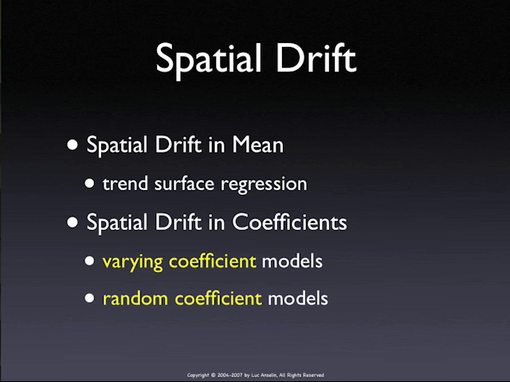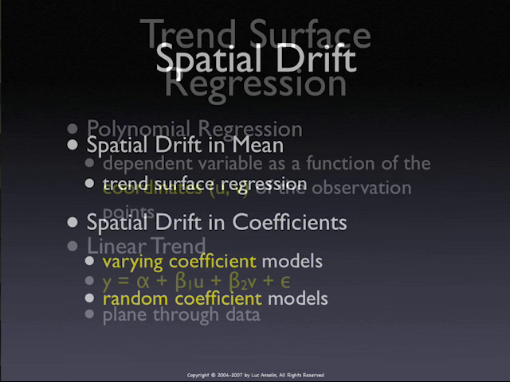Is it just the mean, which is what is modeled in a trend surface regression, or is it the slope? And then we have varying coefficients, either deterministically, meaning in function of some other variables, or randomly in terms of random coefficients, which we'll see at the very end.